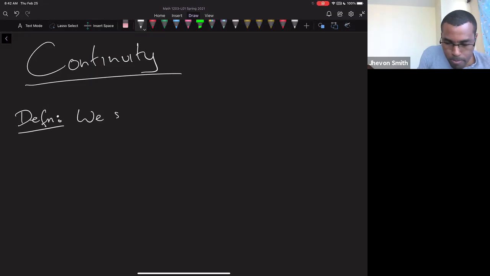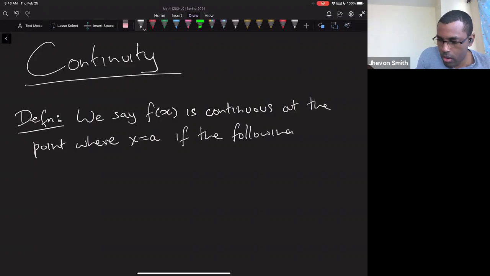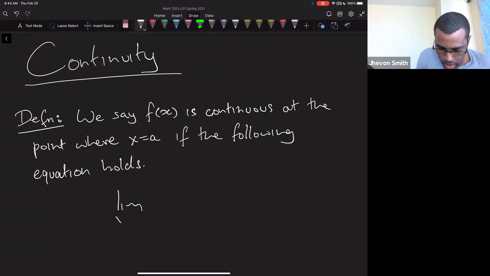We say f of x is continuous at the point where x equals a if the following equation holds: the limit as x approaches a of f of x is equal to f of a.